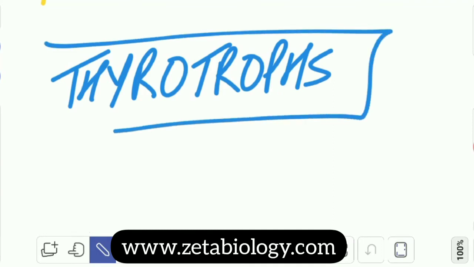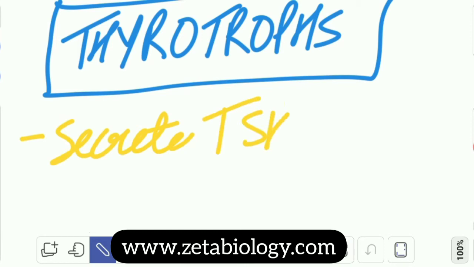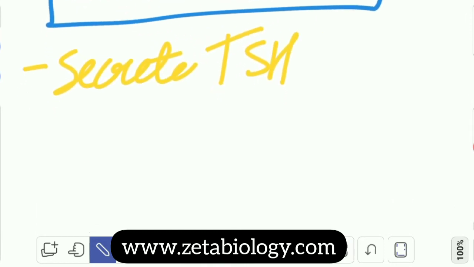Now the fourth type of cells are thyrotrophs. Thyrotrophs secrete thyroid stimulating hormone. In short, it's called TSH.